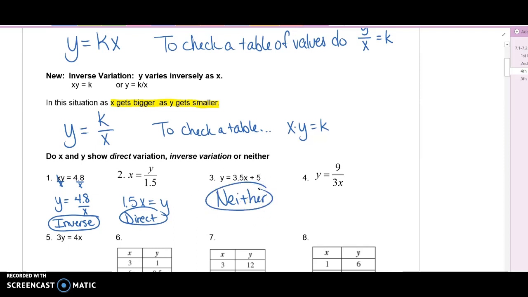Okay, number 4 is a little tricky. But think about 9 over 3. What is 9 divided by 3? 3. So, the x is still going to be on the bottom of this fraction. But 9 divided by 3 is 3 with the x on the bottom. What does that look like? Inverse.